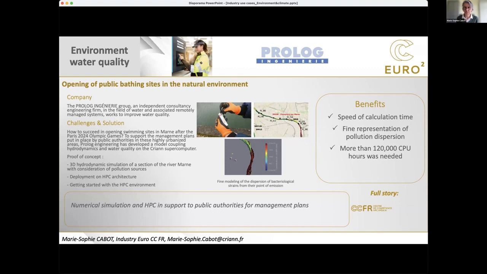This means water purification in the design and engineering studies for water management. So this concerns water purification systems and also drinking water distribution. And now they also have an activity on water management in a natural environment.